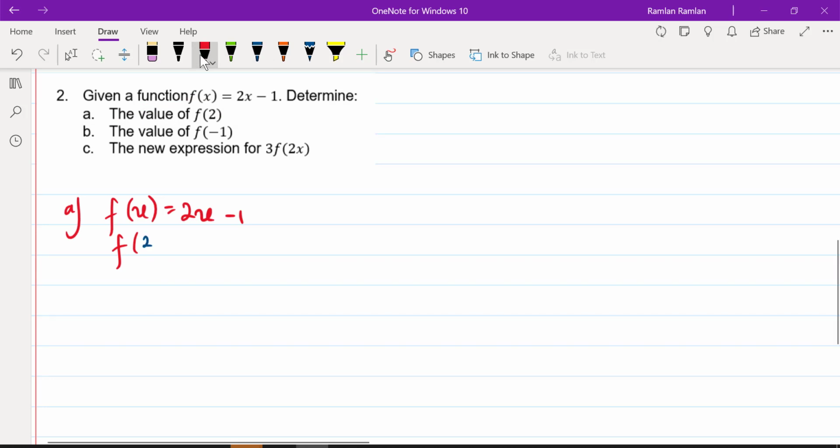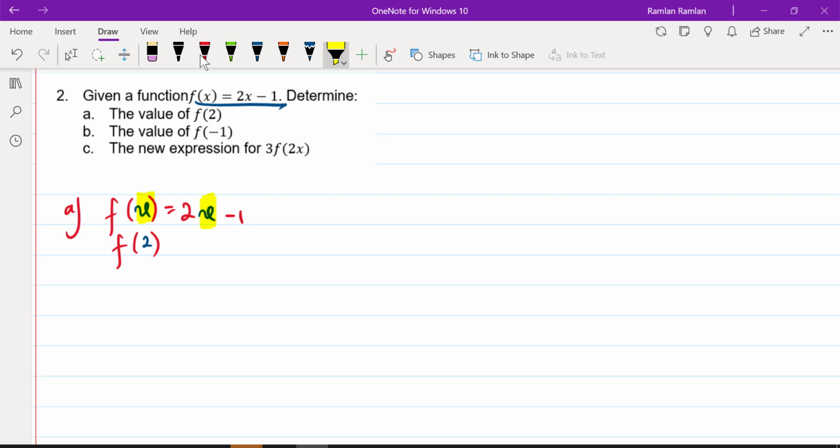Okay, so see what happened here. Whenever you want to do this kind of question, I'm just basically writing down this one, but I'm using different colors so that you can see what happened here. So if we say f of 2, meaning that you only need to substitute this x value by 2. You know that this is x, right?